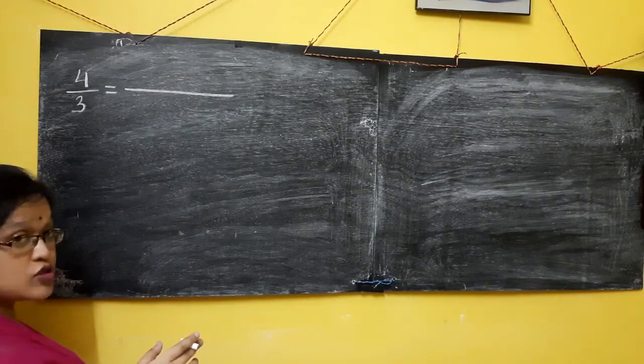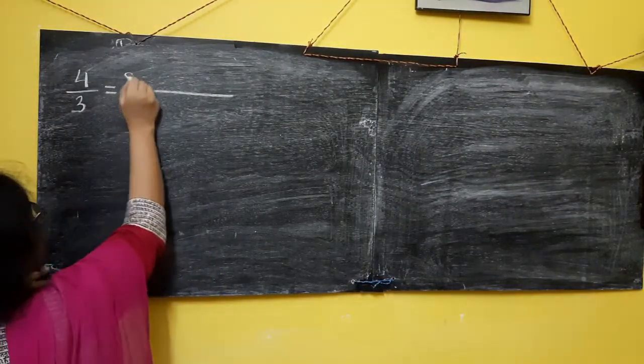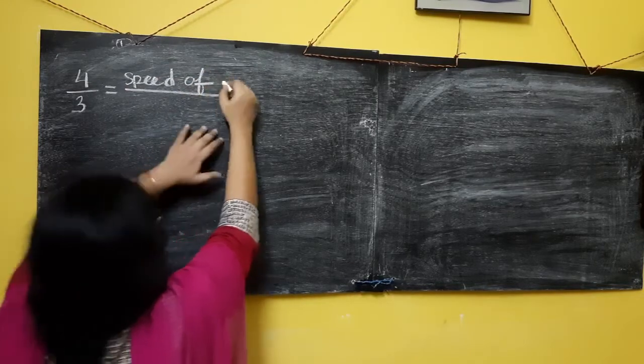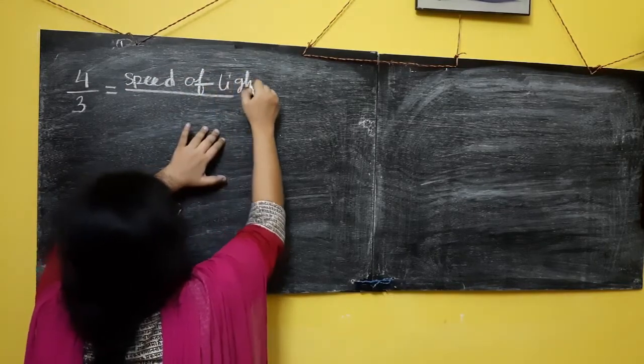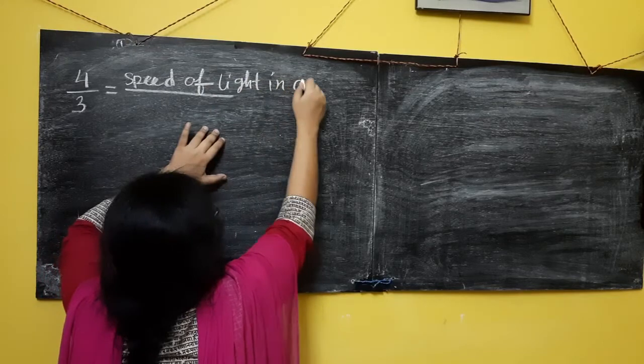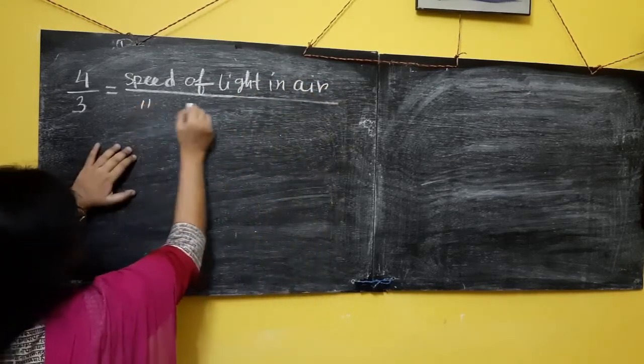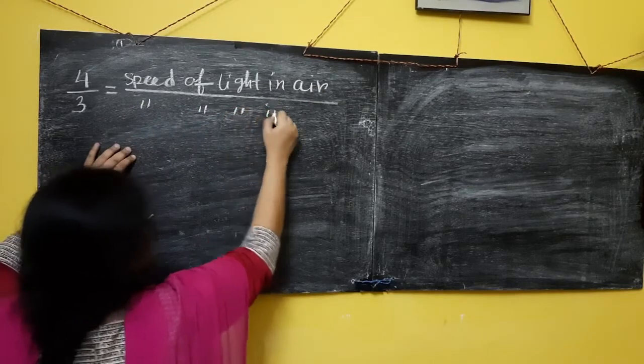So here the medium is water, so I will write speed of light in air by speed of light in water.